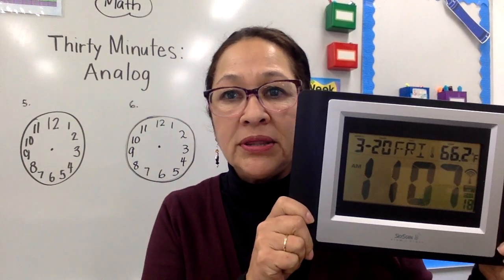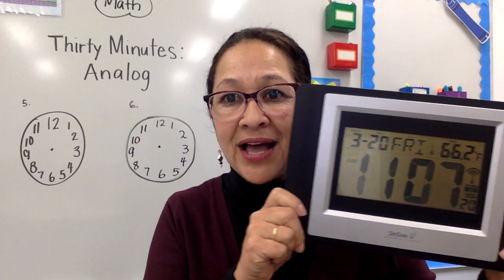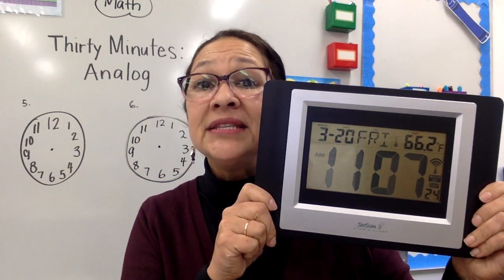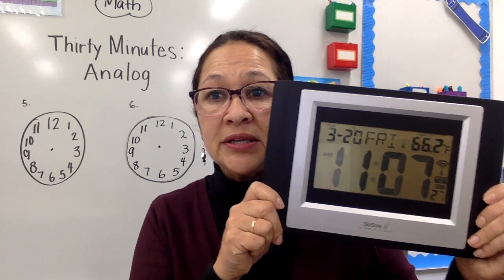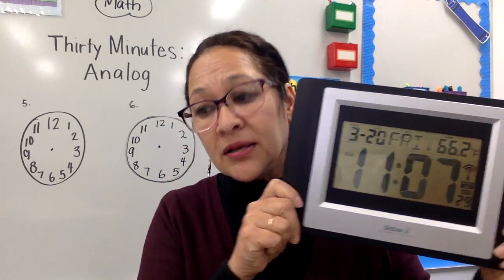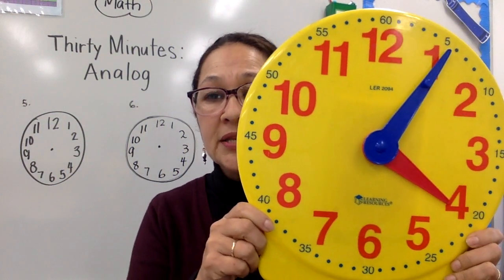Who could remember what this kind of telling time is called? Digital, right. So when you're telling time, you could use the digital clock or you could use what you have at home, which is called the what? Analog, right. So remember, let's go over the analog because we're going to use this again today.